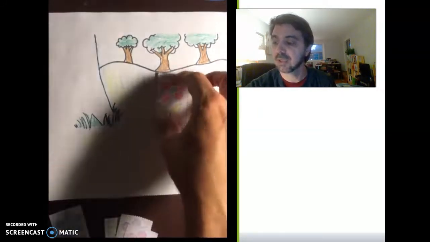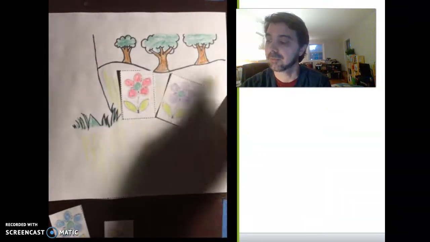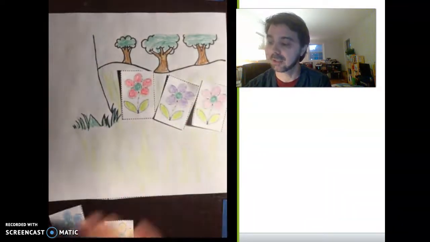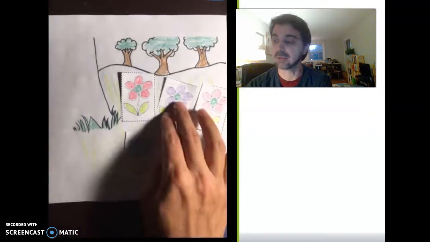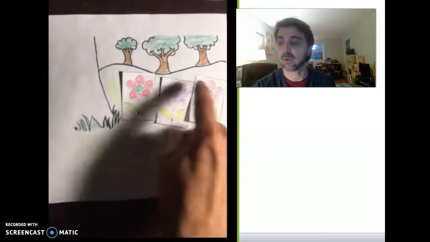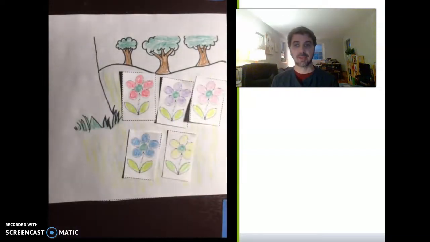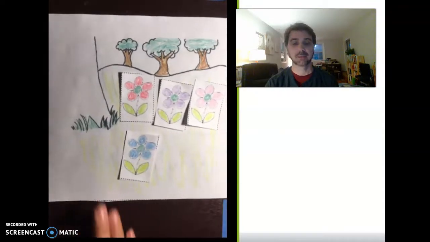All right, let's do one more together, and then you can practice this at home if you would like. That would be fun. So let's say this time we have Sarah's garden, and again she has 5 flowers. So we have 1, 2, 3, 4, 5. And this time a little baby rabbit comes over and eats 1 flower. So 5 take away 1 is what?